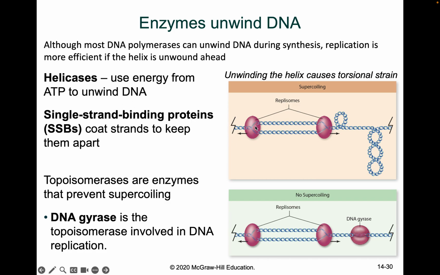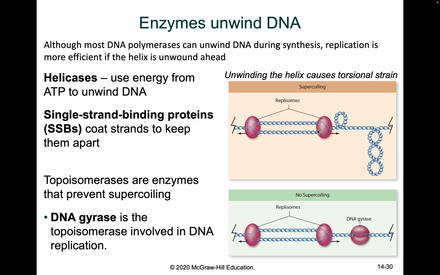They keep them apart. So I'll repeat this: helicase completely opens the double strand. To keep them open, because they are very hydrophobic and would love to get together, you have these single strand binding proteins binding over here and here, preventing them from binding again.